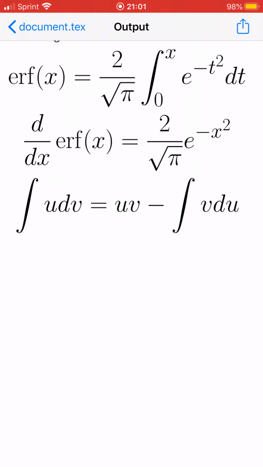And for my Spanish speaking audience, I remember that there was some interesting Spanish mnemonic for the integration by parts, and it's something like, let me remember, hold on. So the Spanish mnemonic for the integration by parts is, I'm sorry if I pronounce it wrong, but I'm trying my best.